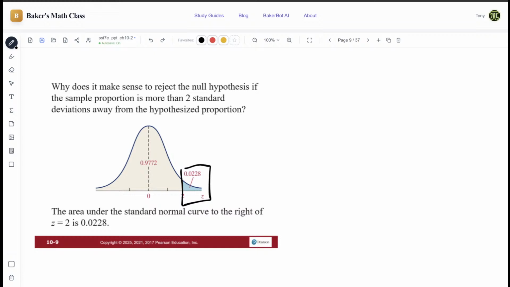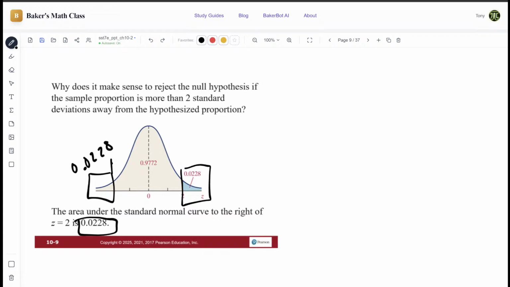Outside of 2 standard deviations, we're only at about 2% on each side. Because remember, we're looking at both directions here, right? So 2 standard deviations, that other 0.0228 on that side over there too. So that combined is that 5% at that point.